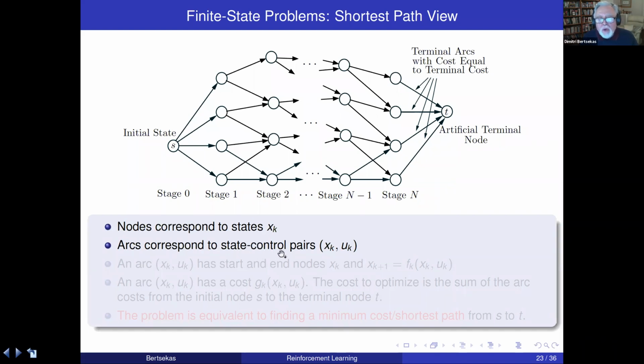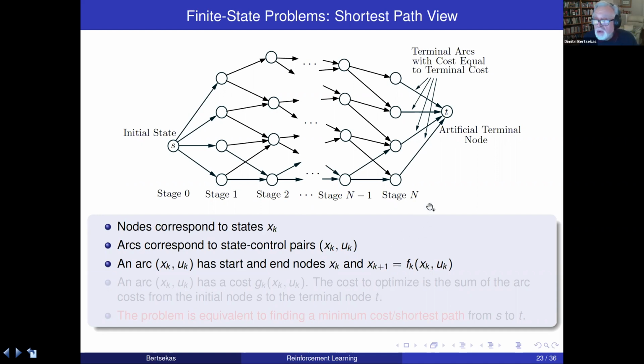So the arcs correspond to state-control pairs. The entire dynamic system of the problem can be laid out graphically on this graph. These are the transitions, and they correspond to various states and controls. And the system equation just tells you what the next node is going to be if you took the corresponding branch and applied control uk at the node xk.